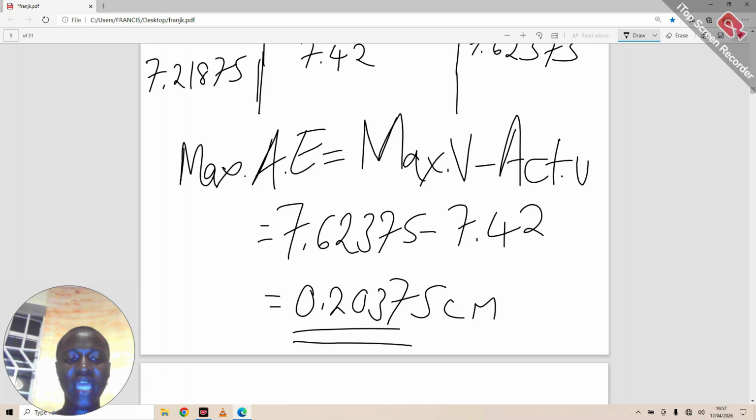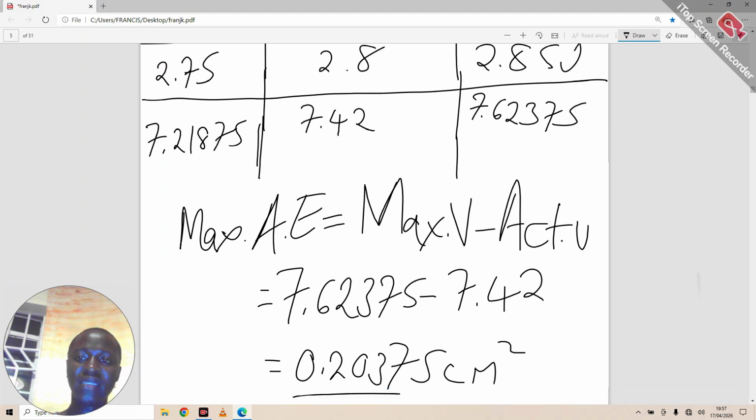Remember, the units are there, so don't forget to have the units. Square centimeter, 0.20375 square centimeter.